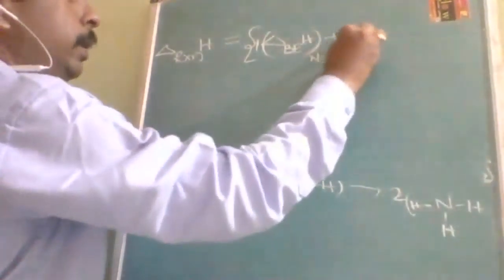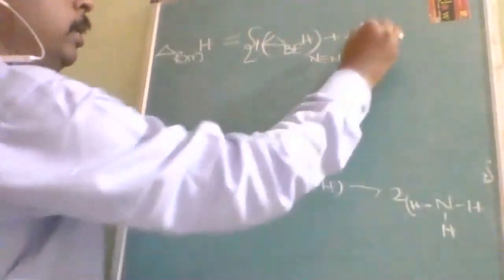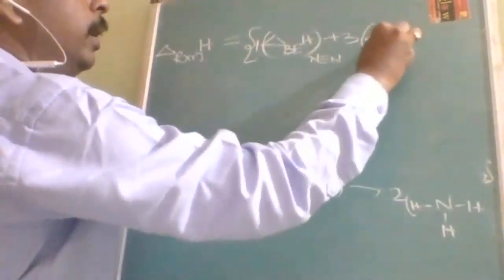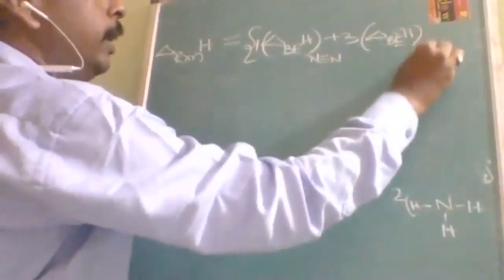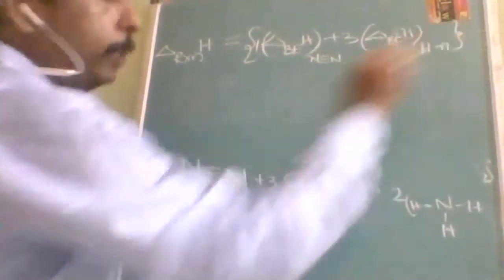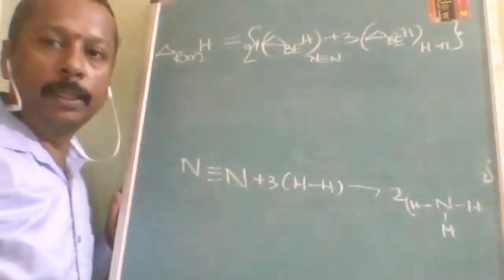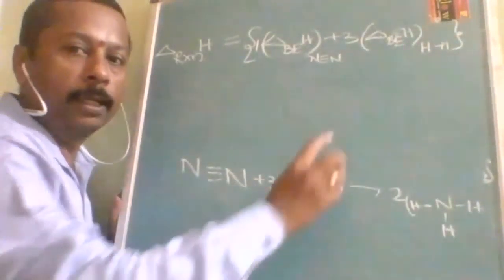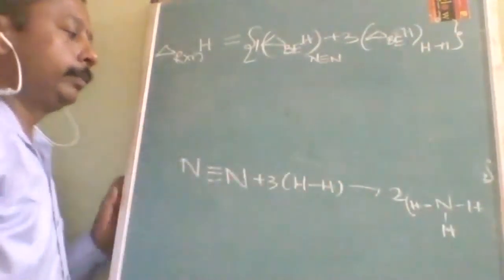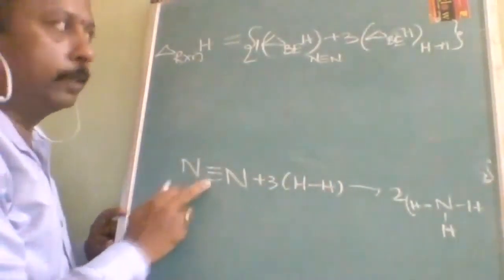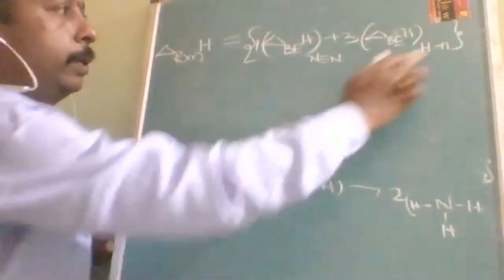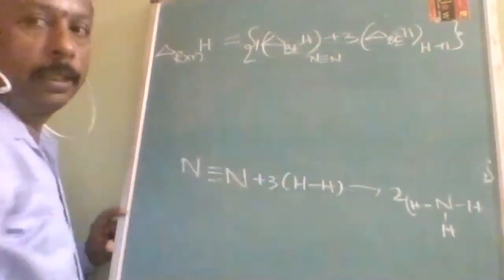Plus 3 bond enthalpies of hydrogen single bond hydrogen. Is it understood, students? For this reactant, I mentioned all bonds: the triple bond, the single bond, and 3 moles, so 3.